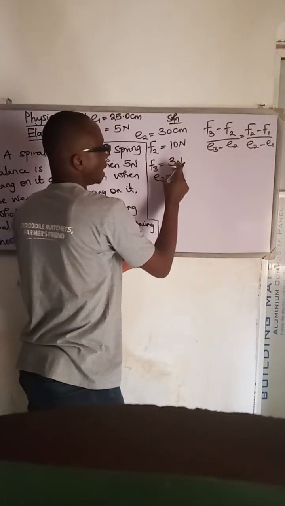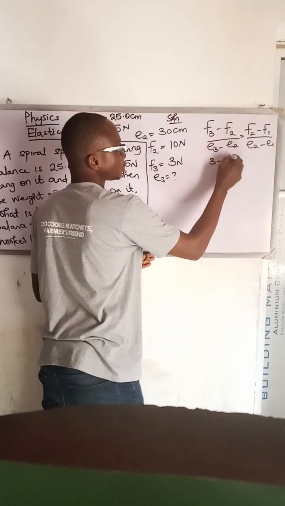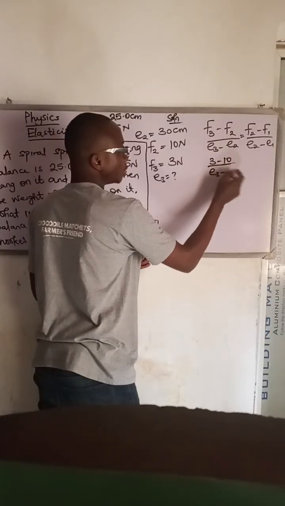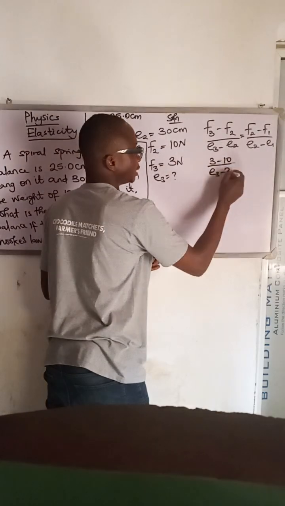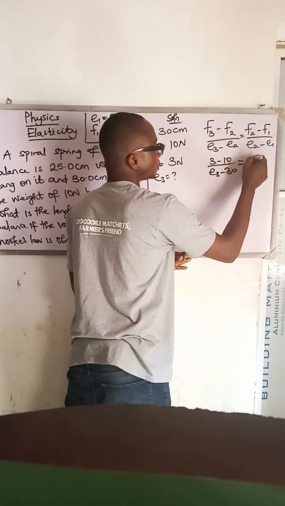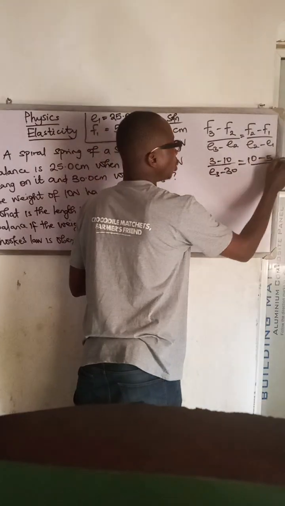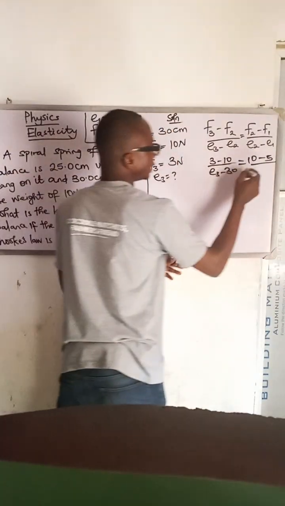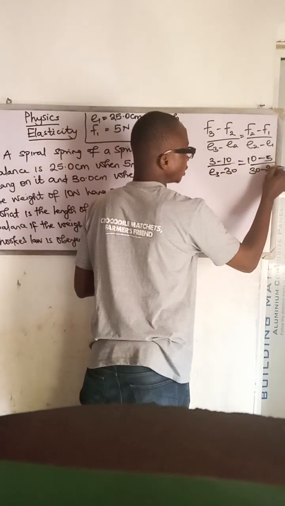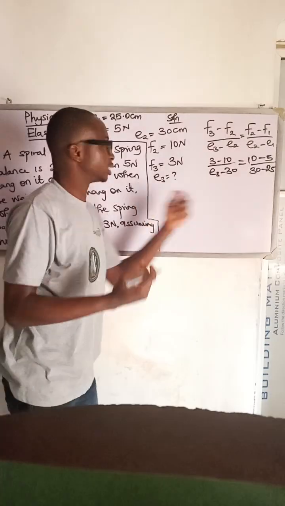F3 is 3 Newton, so we have 3 minus F2, F2 is 10, all over E3, we don't know what E3 is, minus E2, E2 is 30, is equal to F2, 10, minus F1, 5, all over E2, 30, minus E1, 25. Can you see how I substituted everything? And this is what we are asked to calculate, the third extension.